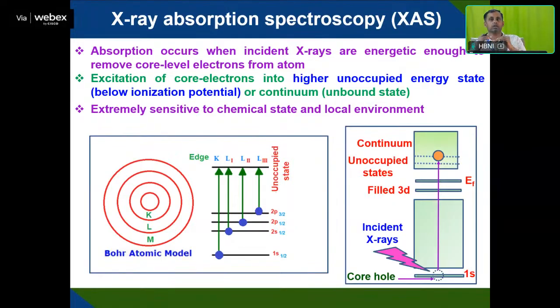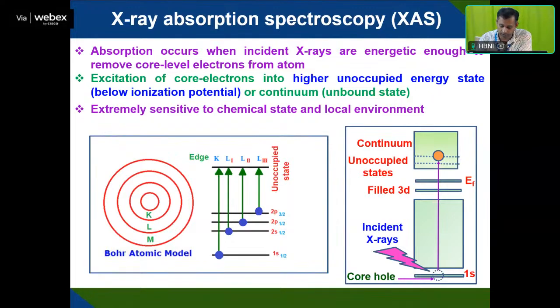As discussed in photoelectron spectroscopy, the energy h nu of the incident X-ray should be sufficient to overcome the binding energy of that particular core level electron. Once it does, the electron is removed from the core and escapes as a photoelectron.